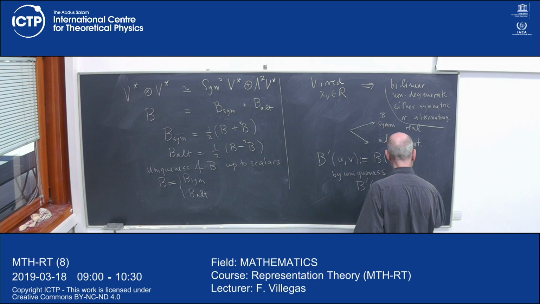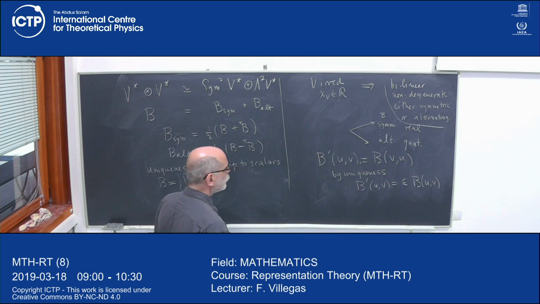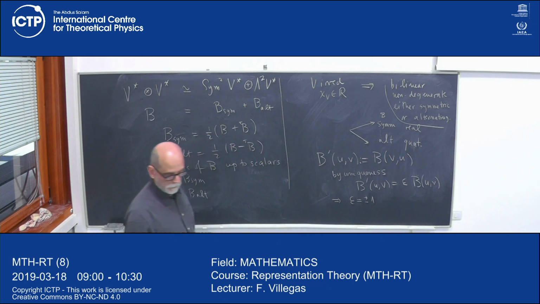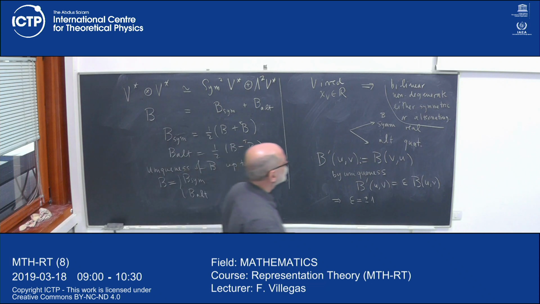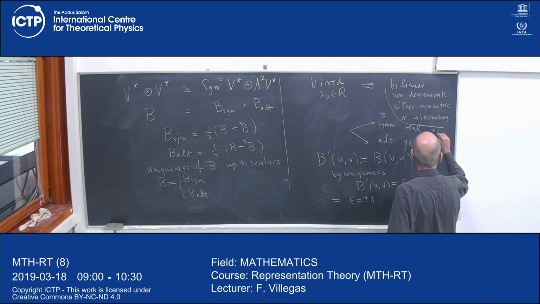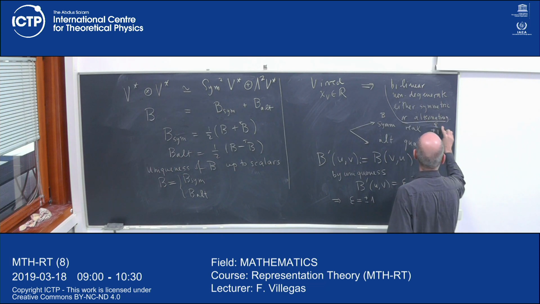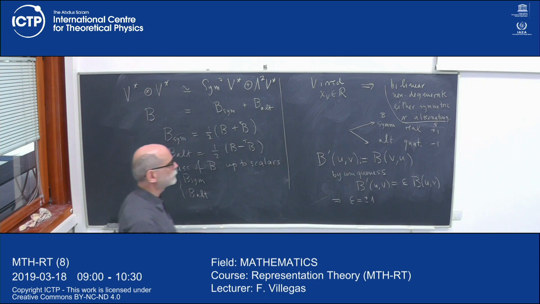Let's say a scalar epsilon, and by non-degenerate, you'll see that epsilon has to be plus or minus 1. So if epsilon is plus 1, we have a real representation. So epsilon here is a way to capture these two situations, symmetric or alternating.